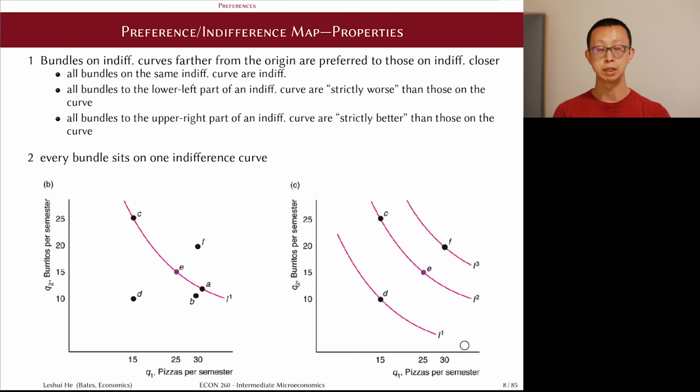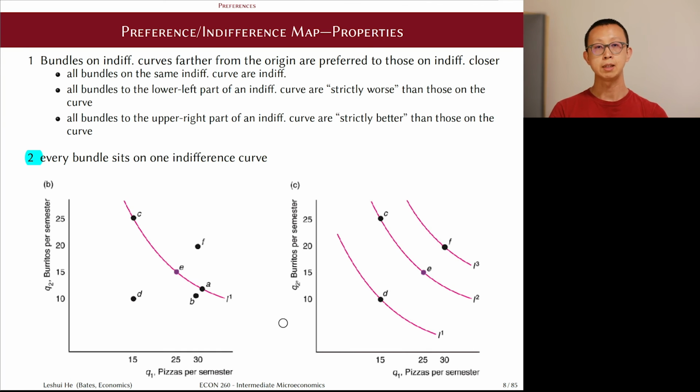The second property of the indifference map is that every bundle sits on one and only one indifference curve. In other words, you will never find a bundle that does not belong to any indifference curve. Meanwhile, any bundle will only sit on one and only one indifference curve.